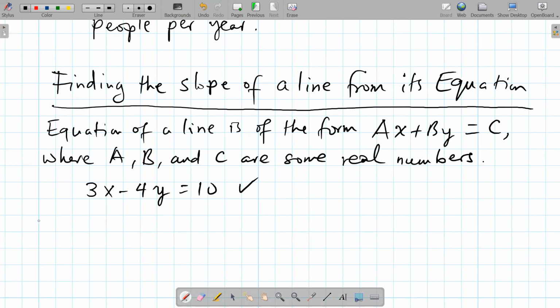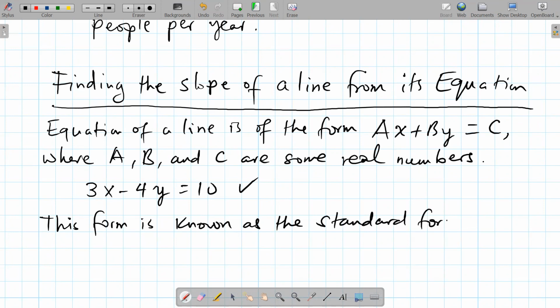Now, this form is what we call the standard form. So remember that you only have a standard form where both variables are on one side of the equation.